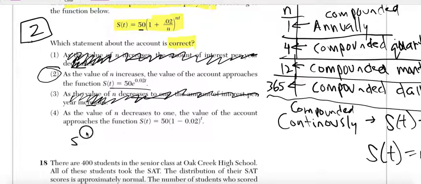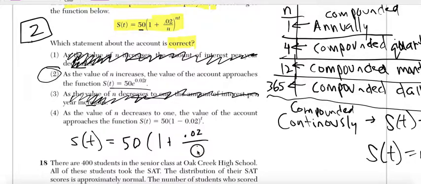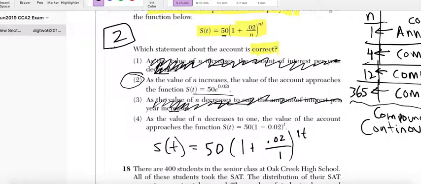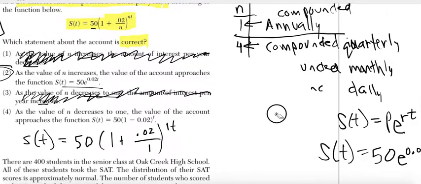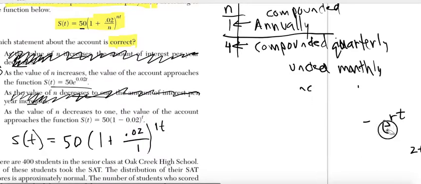If n equals 1, guys, if I substitute 1 for n, it becomes 50 times 1 plus 0.02 over 1 to the 1t. Now, that's if n equals 1, right? If I simplify this, 0.02 over 1 is just 0.02.